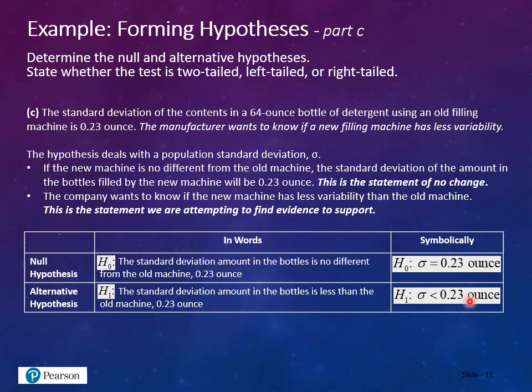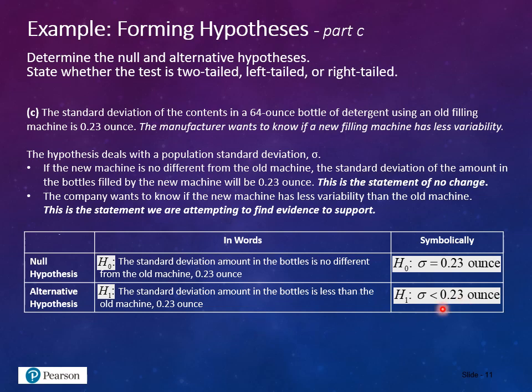So again, we have our H naught, our null hypothesis, as the standard deviation is no different from the old machine, 0.23 ounces. Again, I would not write it that way. And we can see the statement of equality symbolically, standard deviation equals 0.23 ounces. Our alternative hypothesis is the standard deviation in the amount in the bottles is less than the old machine.